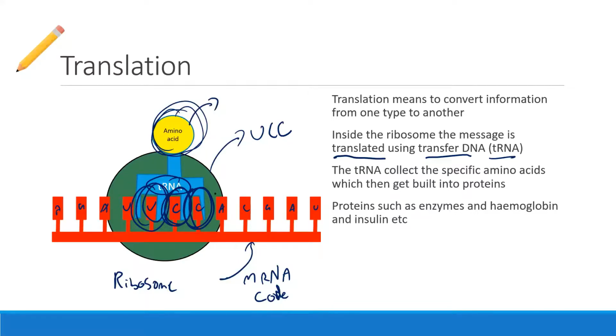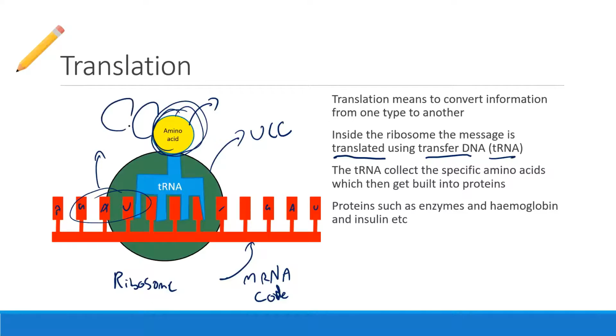And that amino acid will just float around. Then the next three, we might say this three here, might release a new type of amino acid. And the next three will release a different type of amino acid. And then all those amino acids will join together to make a protein.